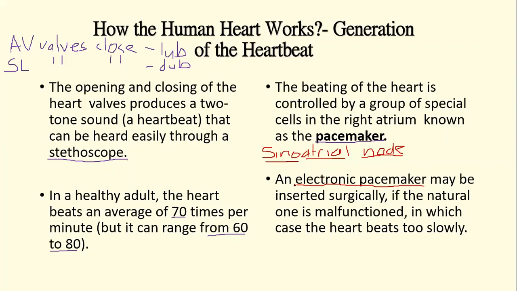It must be inserted surgically if the natural one malfunctions. If the pacemaker malfunctions, then the heart would beat too slowly, and the cells of the body wouldn't get blood as efficiently as they should.